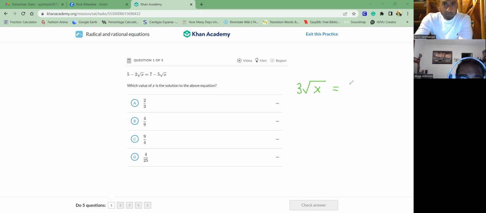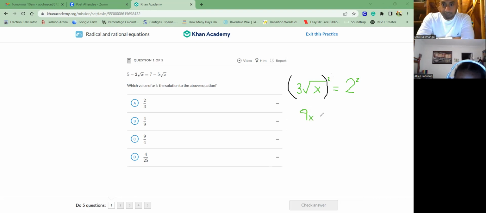Minus. 7 minus 5 is how much? There you go. Okay, so now how are we going to solve for x there? Square both sides. It's like this, right? So make sure it's like that squared, okay? 3 times 3, how much? 9. Root x times root x, how much? x. Yep, so 9x equals 4.